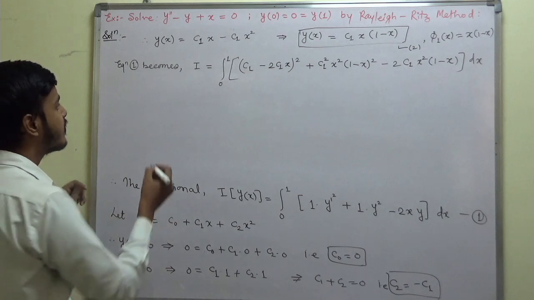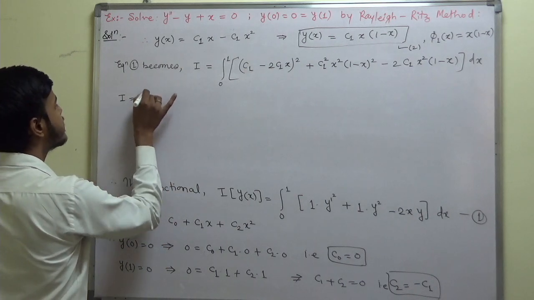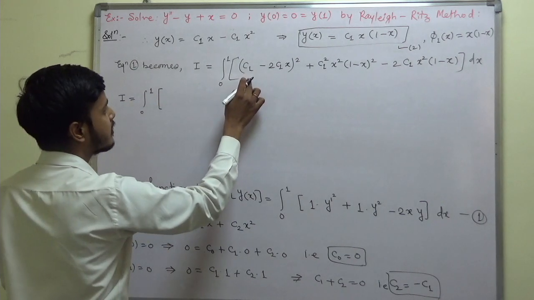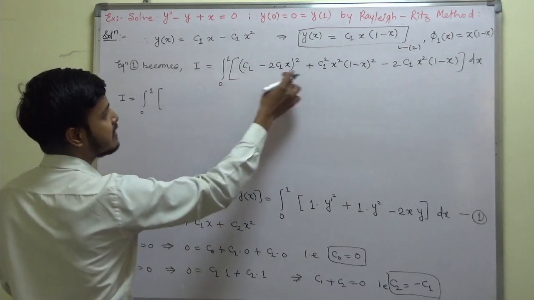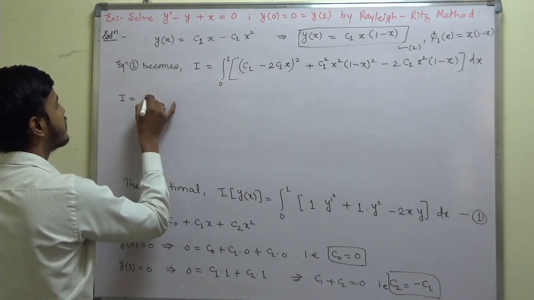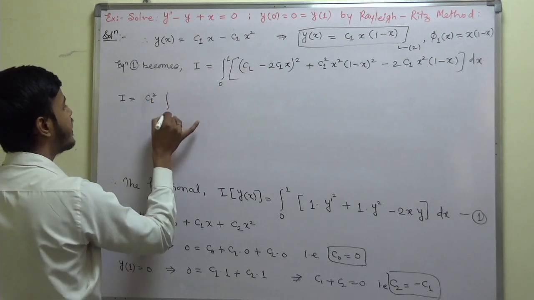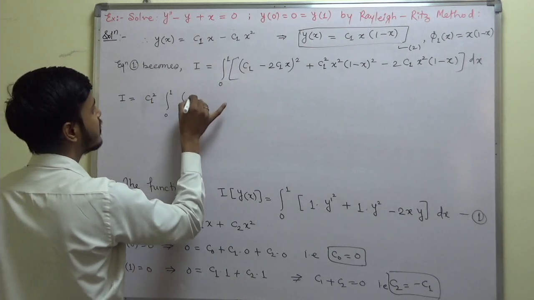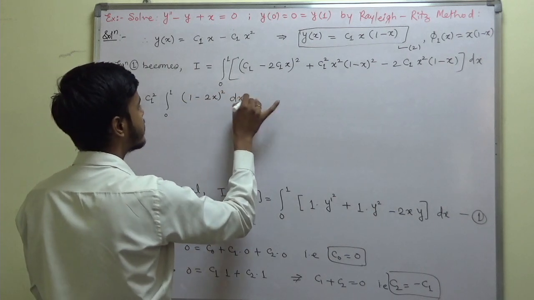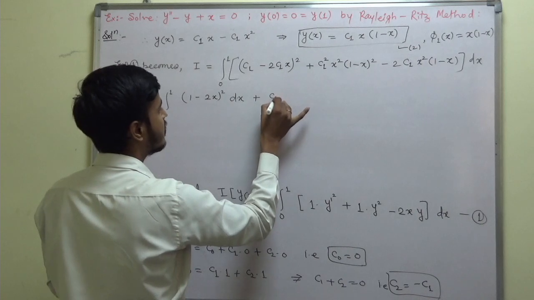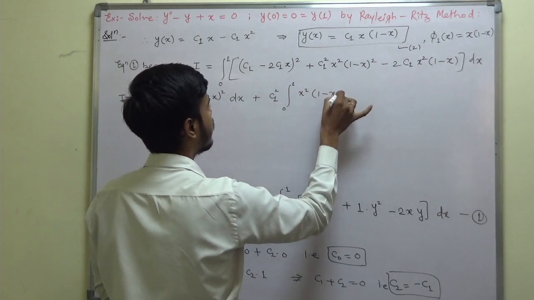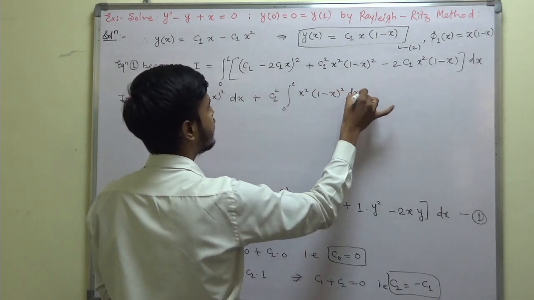So let me first write this as I is equal to integration 0 to 1. I can take c1 square common throughout, so it is c1 square outside, integration 0 to 1 of (1 minus 2x) whole square dx. I am separating the integration here also: c1 square outside, integration 0 to 1 of x square into (1 minus x) whole square dx.